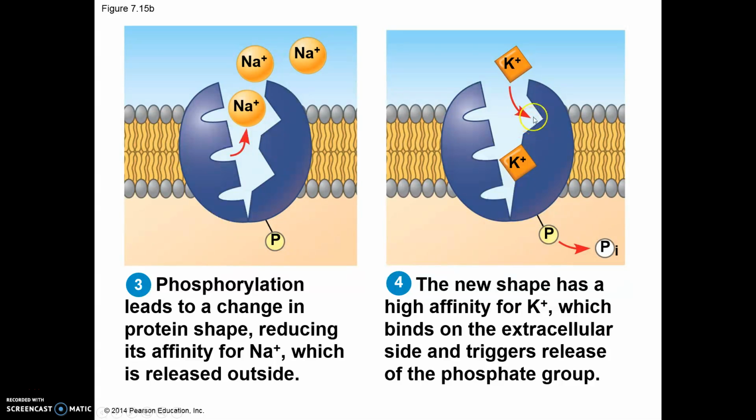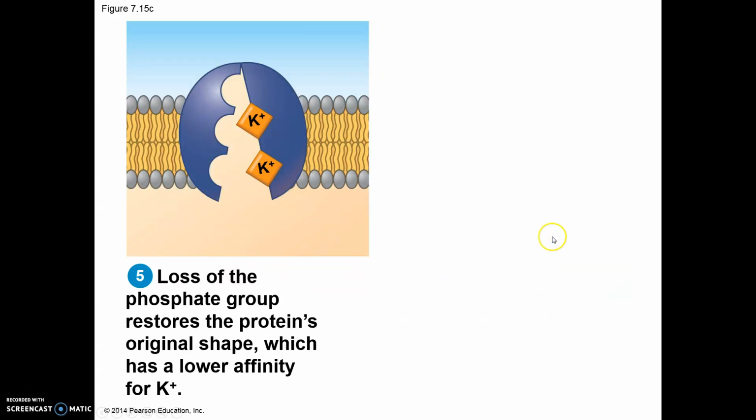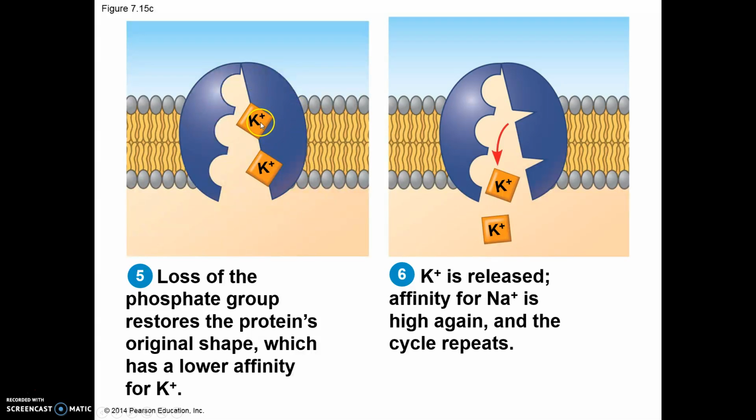Potassium ions will just be bouncing around out here, and sooner or later one will bounce in and fit into the spot. When this happens, that causes the phosphate to be released, which is harvesting even more energy. That release causes a conformational shift, which reopens the protein to the other side and also changes the affinity for potassium, turning it into low affinity binding sites, which causes the potassium to be released.